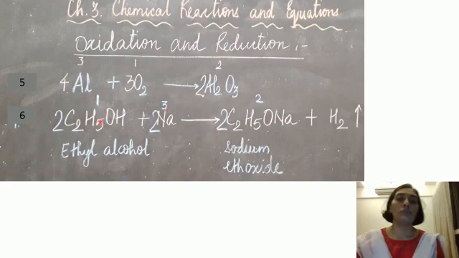So this is again in liquid state, sodium ethoxide, and we get hydrogen, which is in gaseous state. So this is oxidation again, because it is removal of hydrogen. So with this, I hope you must have understood what is oxidation reaction, and the definition we will see in the next slide.